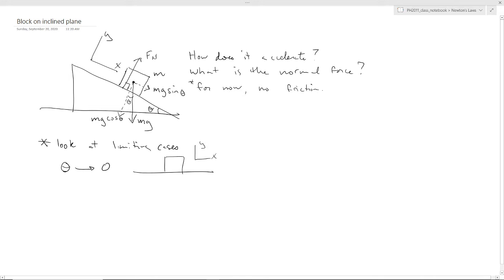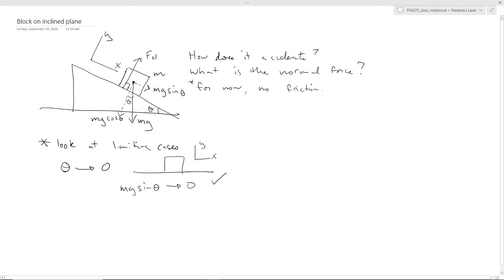I mean, there's not going to be anything to push it along. So in other words, this has to go to 0 as well. And recognize that mg sine theta, when theta is 0, goes to 0. So that's what we want.